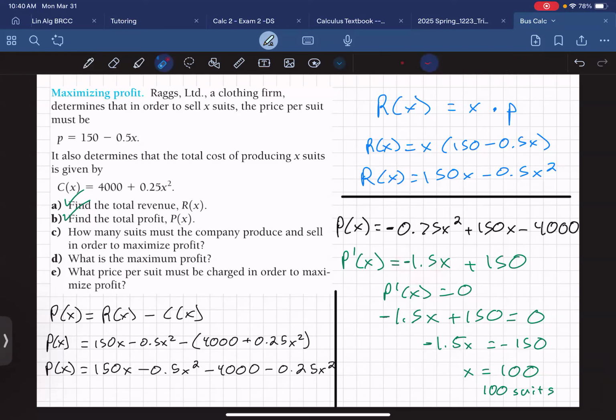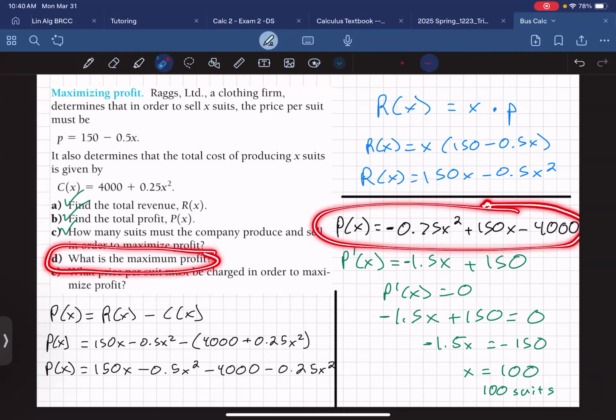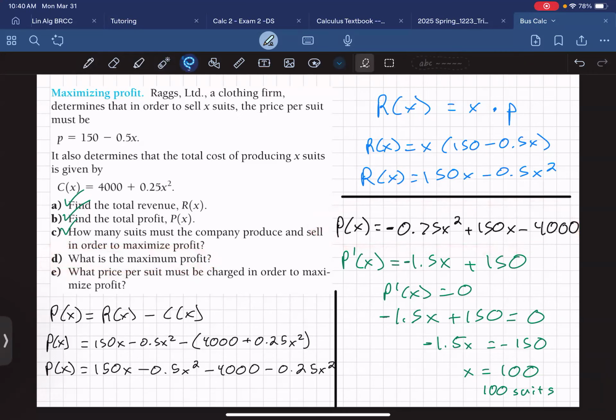So this is definitely the maximum value, right? To get to the maximum profit, we have the number of suits now. Just remember that to get to the maximum profit, we have to plug this back into the original total profit function that we had. Okay. Any questions with getting to the value that I have here, after I made my little mistake with signs?